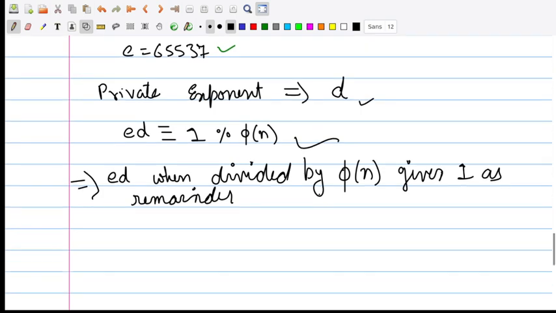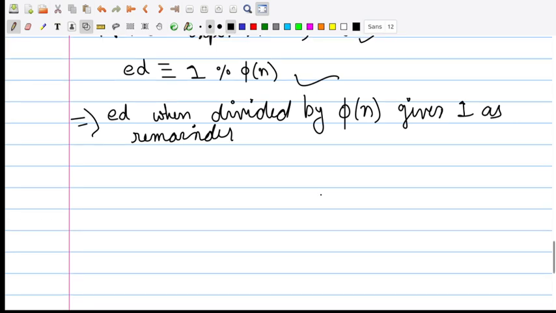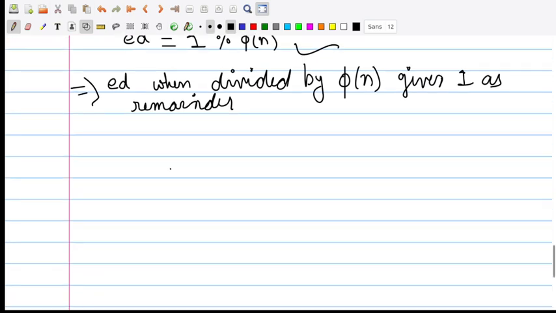So that's pretty much it about the RSA algorithm. What we are left with now is encryption and decryption. For encryption, you want to get a ciphertext.